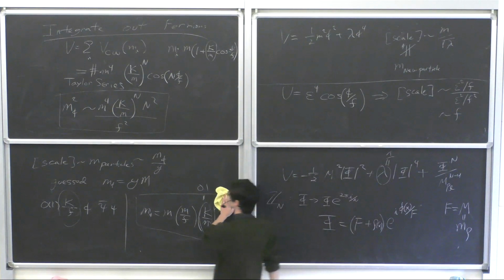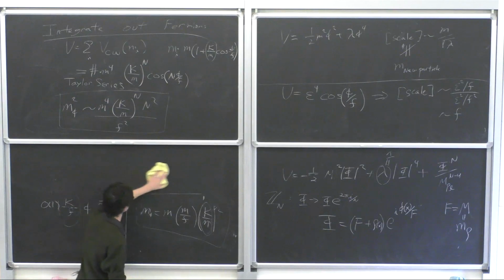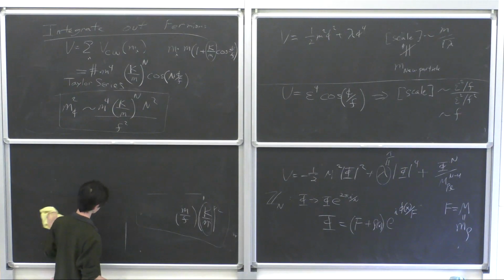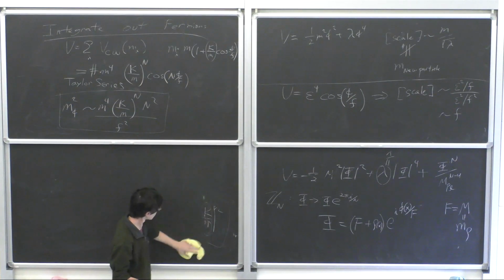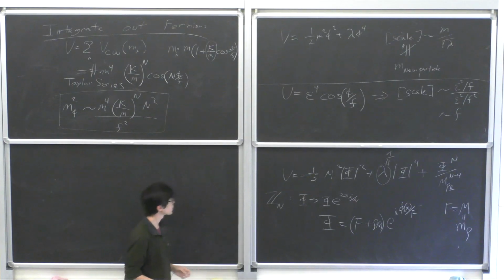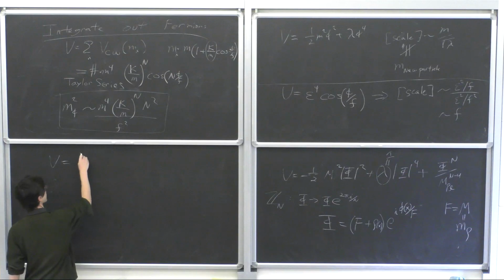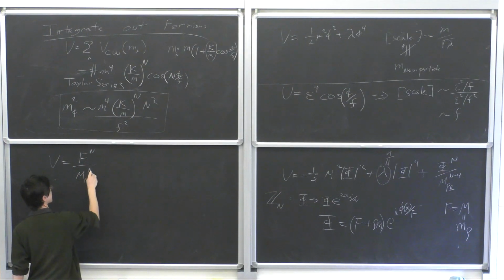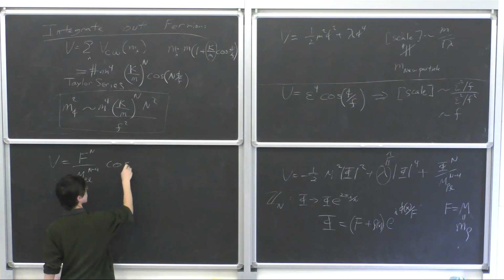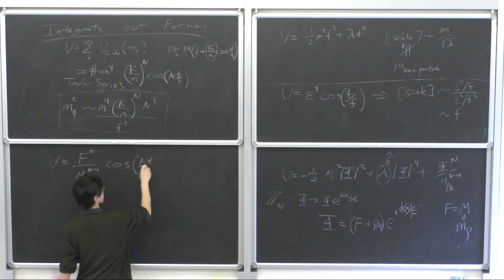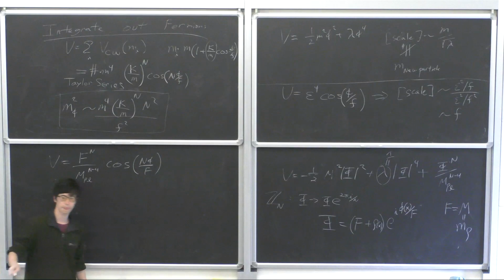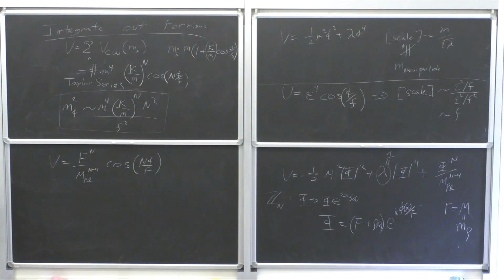And let's just plug this in. What do we get? Okay, we get a term that is capital F to the n, M Planck to the n minus 4, cosine n phi over capital F, right?